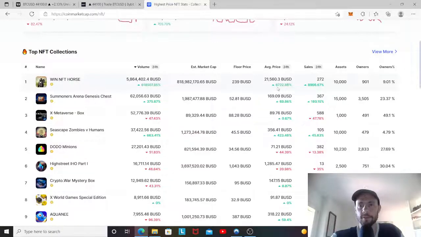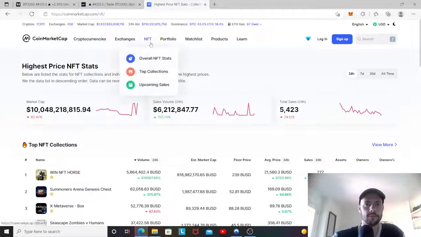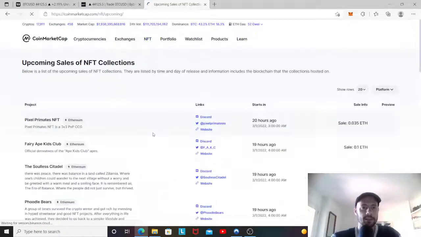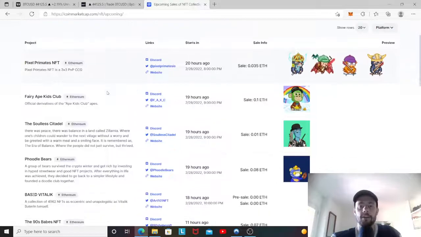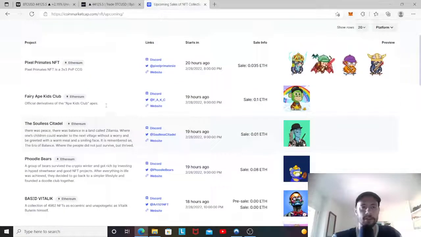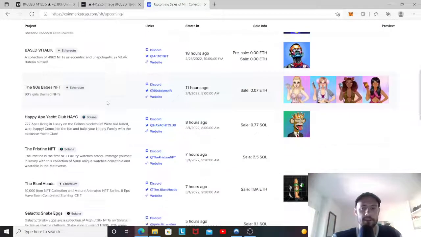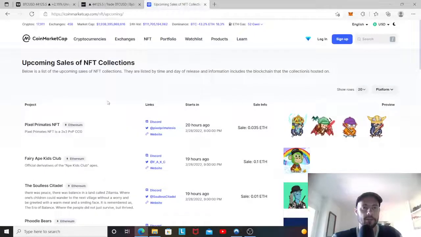Price is up 6,000%. So nice. So if you bought one of those, congrats. Yeah, it shows you market cap, floor price, bunch of stuff. So that's kind of cool. And you can look at upcoming sales, which will show NFT collections that are about to give their initial sale. So you can find collections that are coming out right now, brand new, get in early.